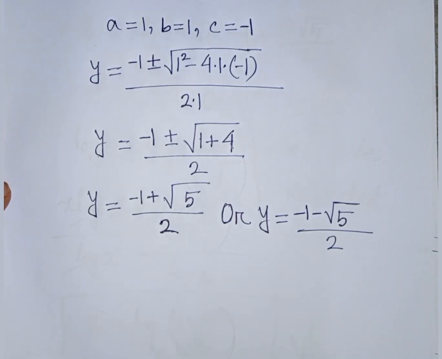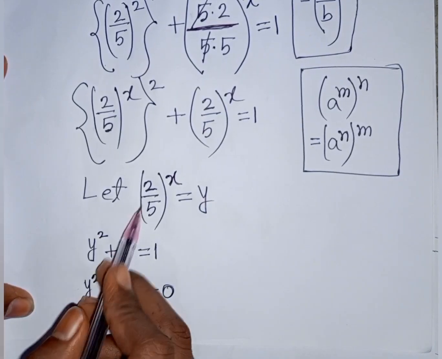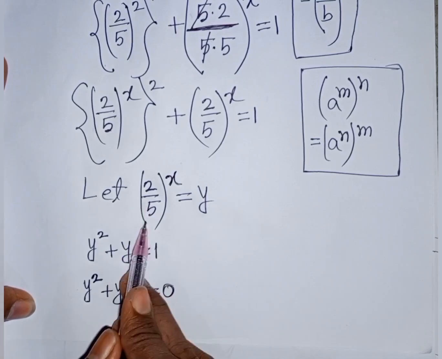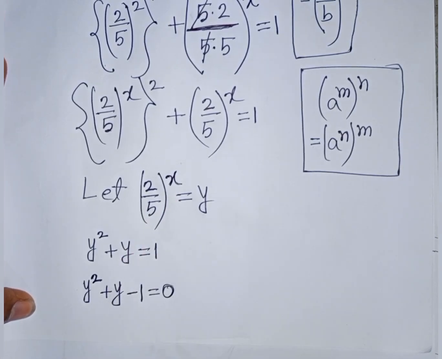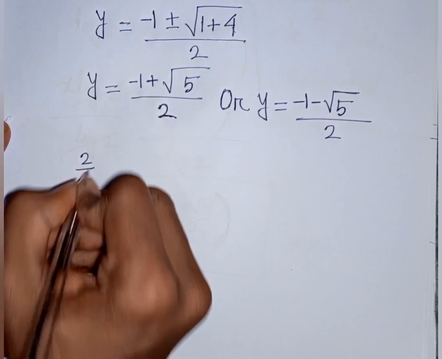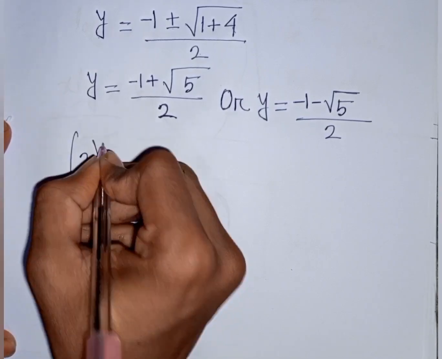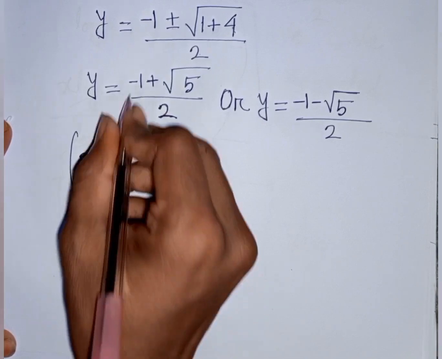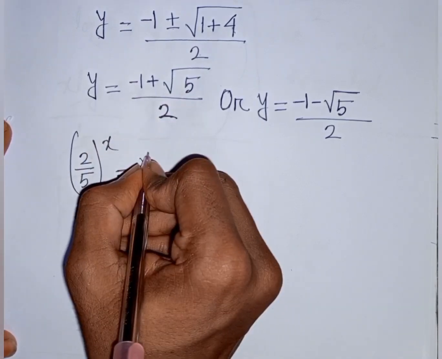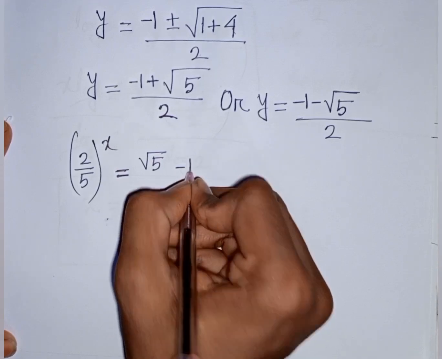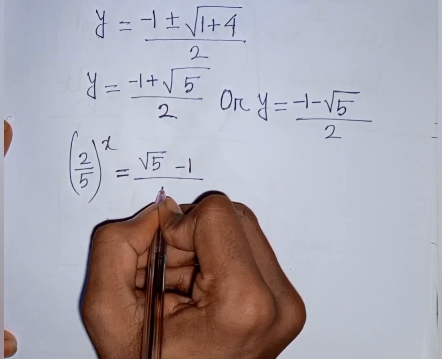But remember that 2 by 5 bracket power x is substituted by y. So y, that means 2 by 5 bracket power x, is equal to square root of 5 minus 1 divided by 2.